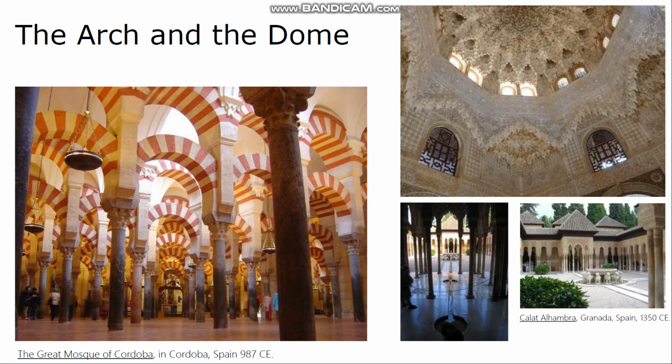It's hard to tell here, but you start to create spaces with this impression of the weight just kind of floating upward. I think you can see that a lot more in these pieces from the Alhambra.